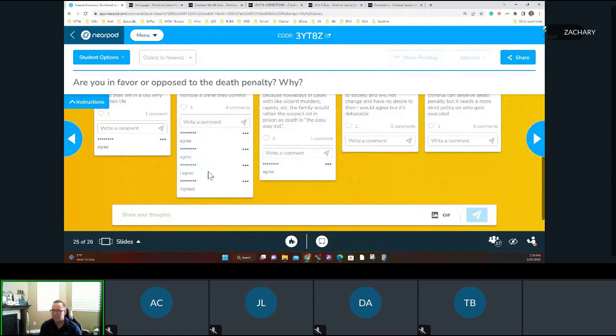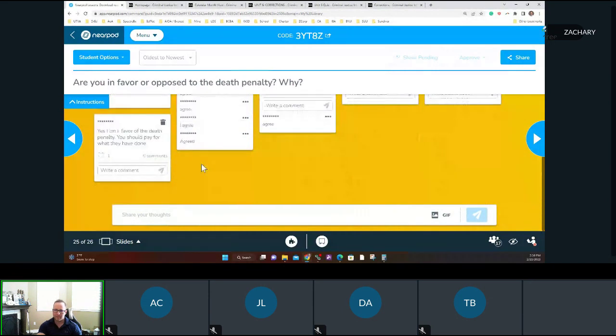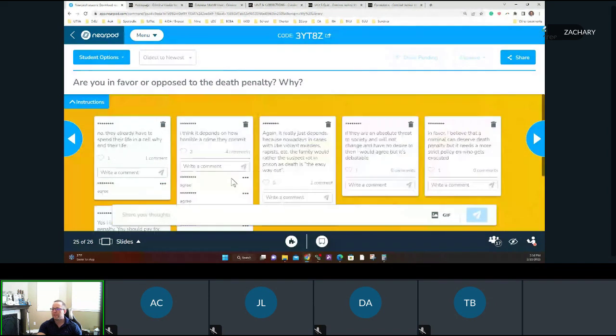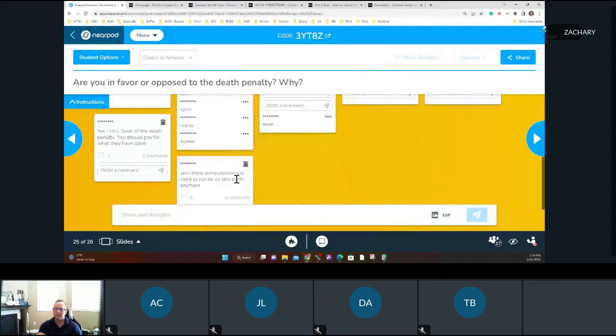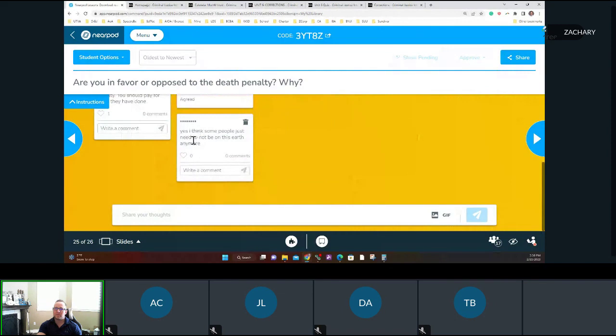Most states have gone away and abolished the death penalty, but there are some that still do it from time to time. Yes, I'm in favor of the death penalty. You should pay for what you've done. Okay, and as I said, there are varying opinions on it. So I think they just need to not be on this earth anymore. Okay. All right, some strong opinions there.